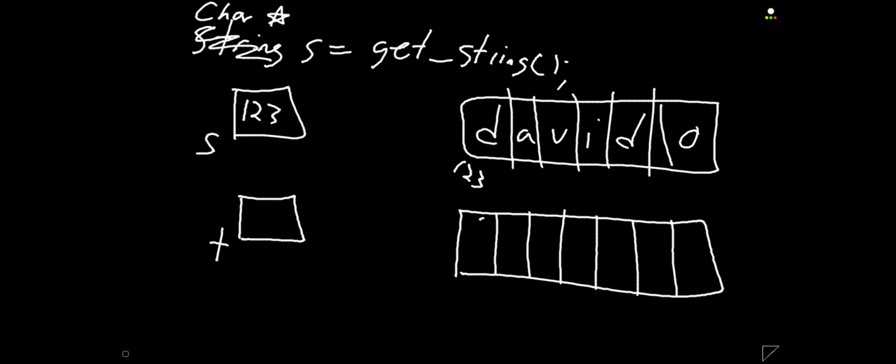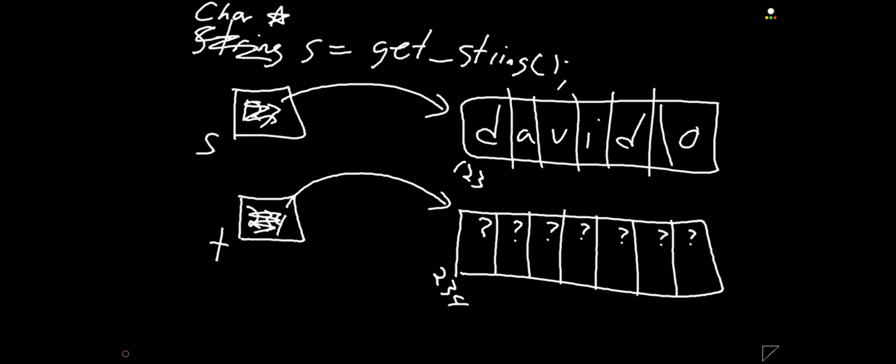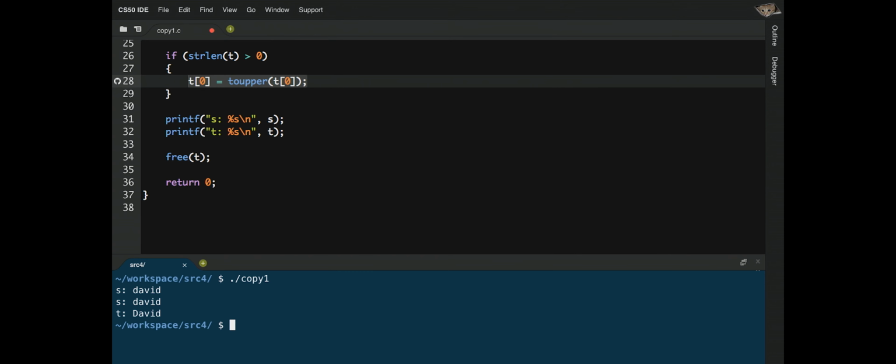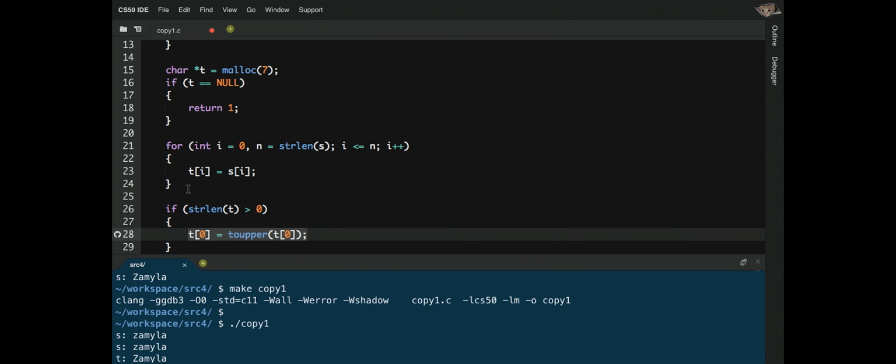And frankly, there could be some random values here, as denoted with question marks here. It's just a chunk of memory that might have been used previously in my program for some other purpose. But what gets stored here, if this happens to be at address 234, is this value here, 234. And if you're not liking the numbers, again, you can think of these as just being pointers, arrows, to these chunks of memory.